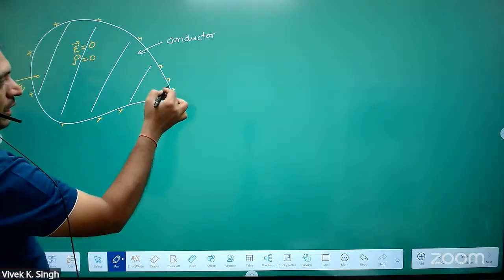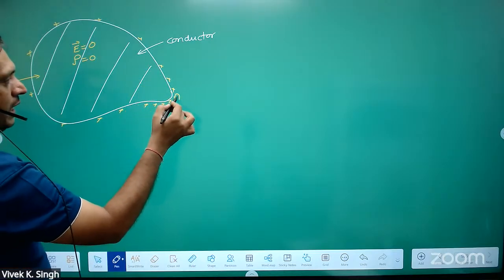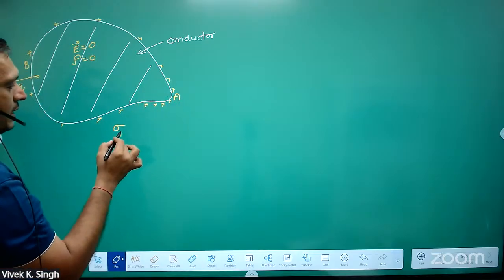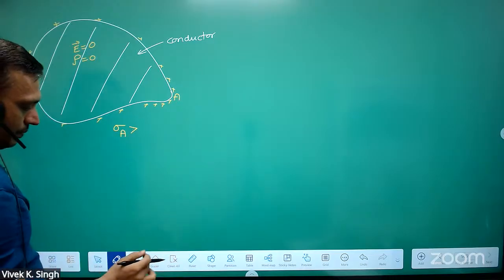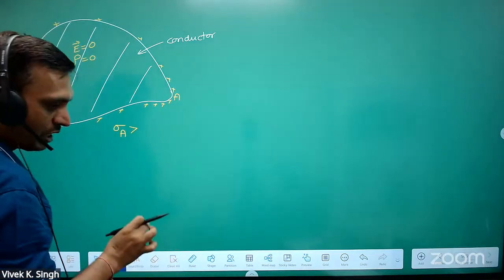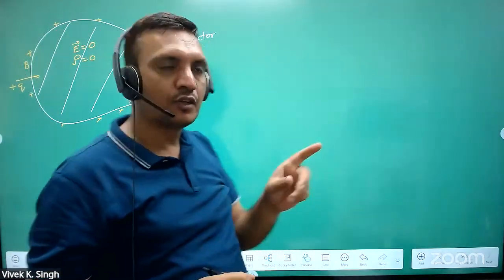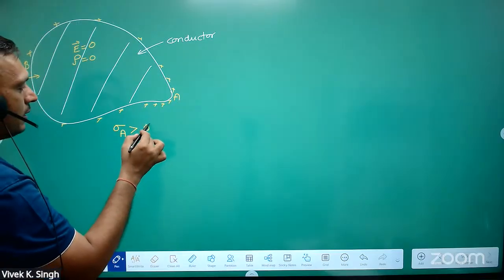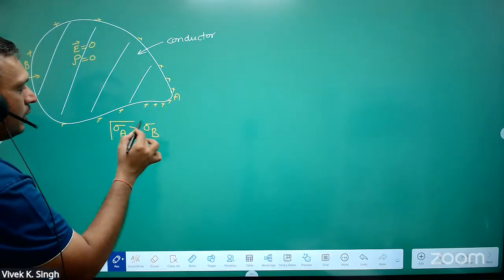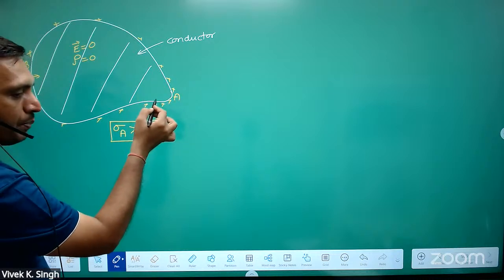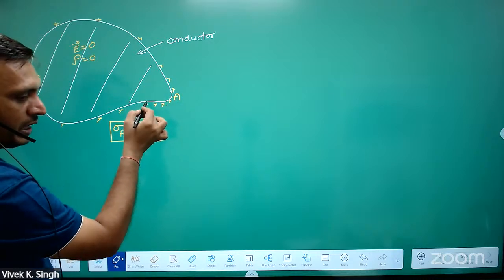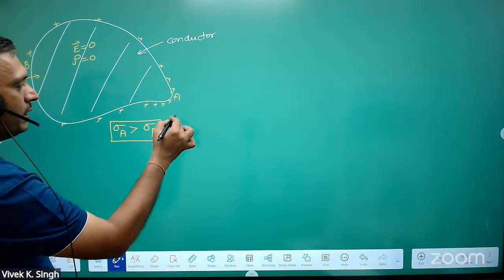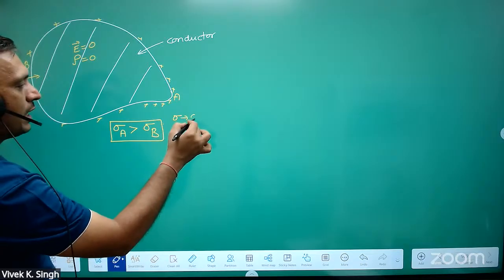Now, consider this surface as surface A and this side surface as B. Here the charge density at A is greater than the charge density at B. Don't confuse with sigma; I used sigma for conductivity also, but here I am talking about charge density, which is charge per unit area. On the sharper edge, the charge density will be greater.